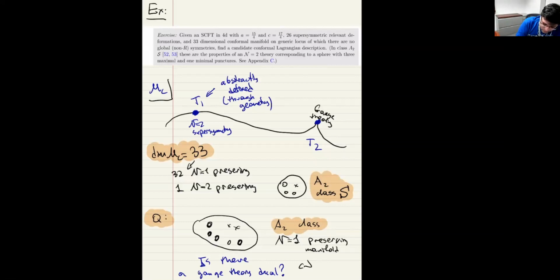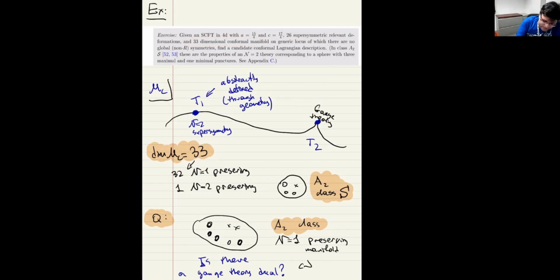So what is the exercise? There is a CFT given abstractly with these conformal anomalies. And also what I tell you is that this theory has 26 relevant supersymmetric deformations and a conformal manifold, which is 33-dimensional, on which all the symmetry is broken. There is no global symmetry.